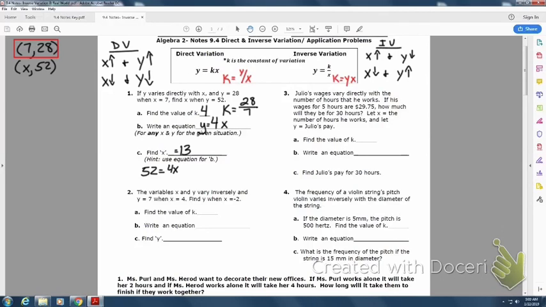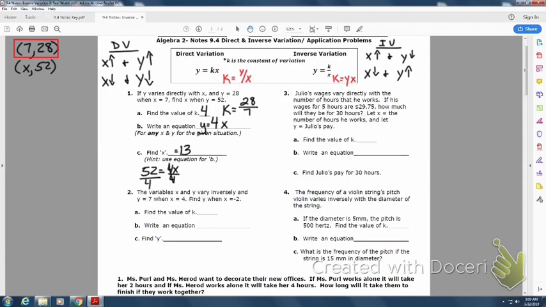Right, 52 divided by 4. No, 52 equals 4x. And then I divide both sides by 4 to solve for x.